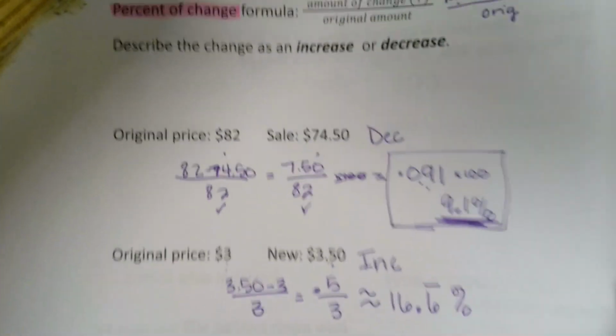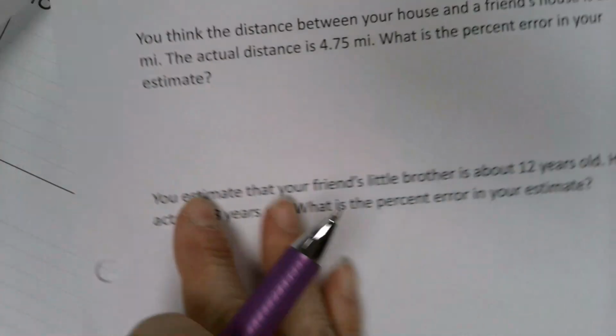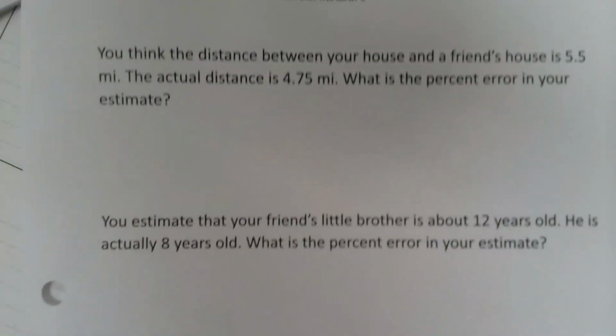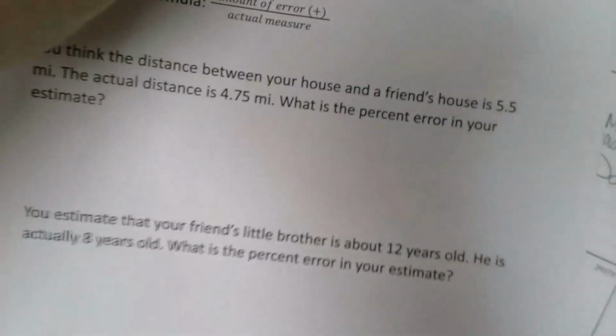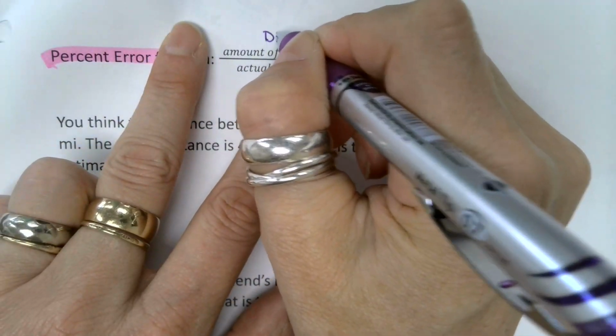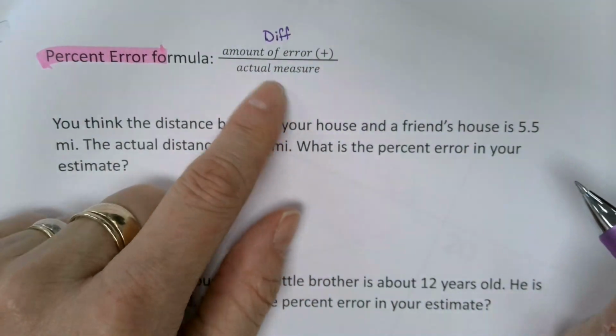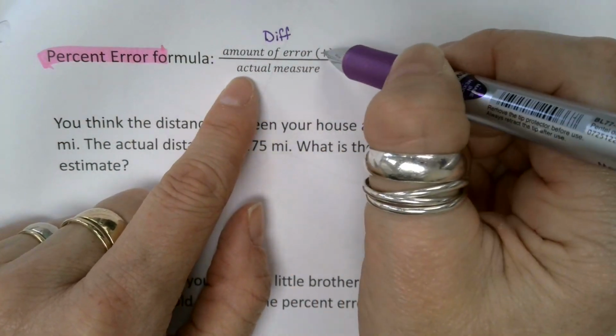Let's take a look at percent error. So percent error is the amount of error, and I want to clarify that and say the amount of error, the difference, you can say. And again, you're going to do the exact same thing. You're going to find out this number as a positive.